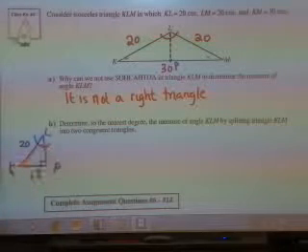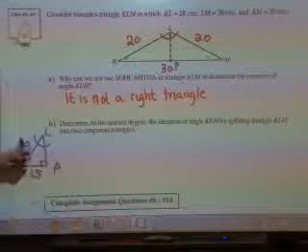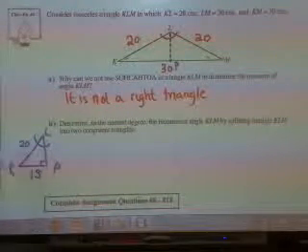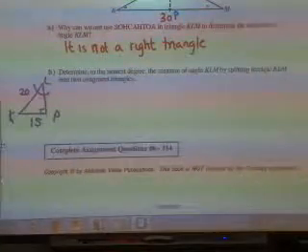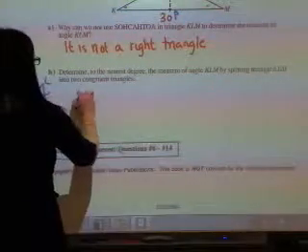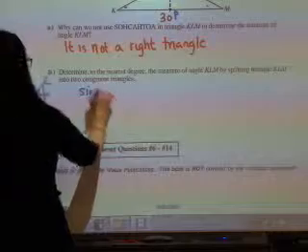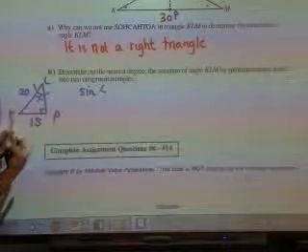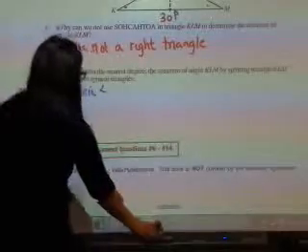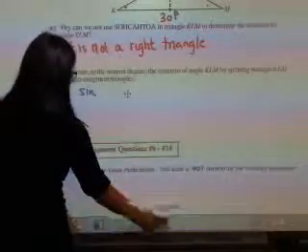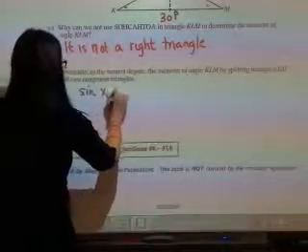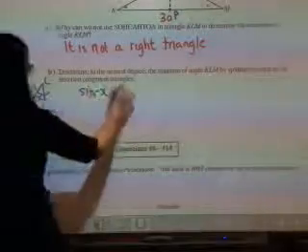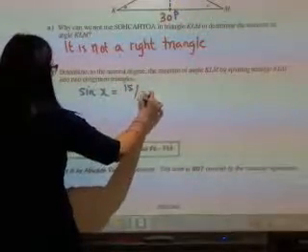So I want to find angle L. Opposite side, hypotenuse. Which trig function do I use? I use sine. Sine of angle, we'll call it X, just so that we don't get confused, because I don't want to use L, is 15 over 20.